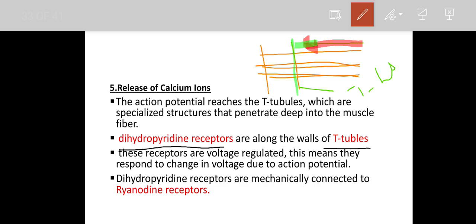Since these receptors are regulated only by voltage, they respond to the change in voltage due to the action potential. When an action potential comes, they open. You get it? When an action potential comes, they open.